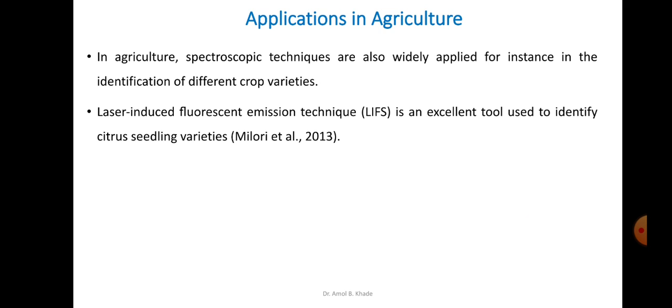So laser induced fluorescent emission technique, which is abbreviated as LIFS, is an excellent tool which is used to identify the citrus seeding varieties. You know the citrus fruits, and these citrus seeding varieties will have different amounts of the citrus component present in these foodstuffs. So we can quantify that, and then based on the quantities we can categorize them into different varieties. So this is one of the applications.